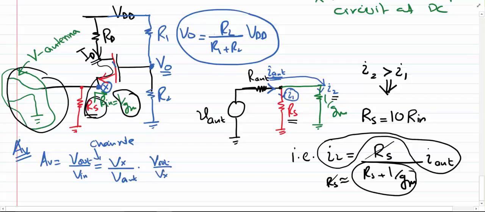Here remember that V antenna is actually the V in, because V in is the voltage that is coming from the antenna.